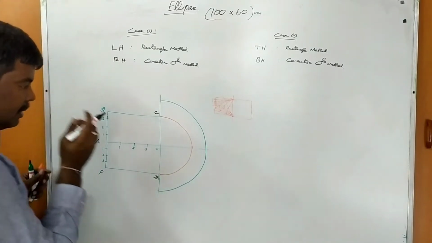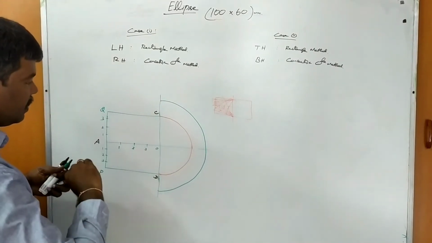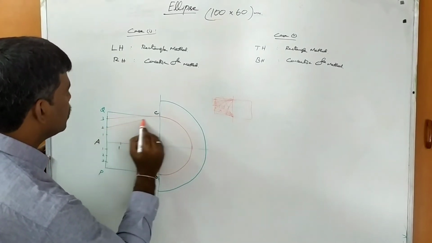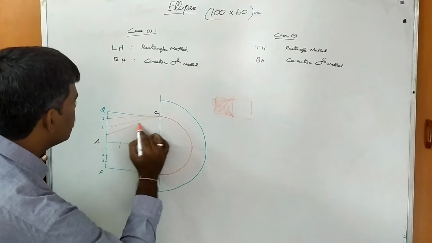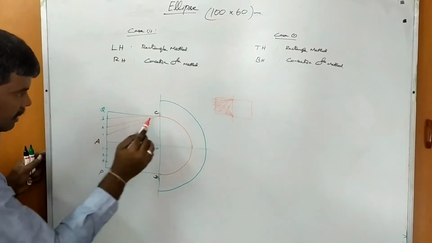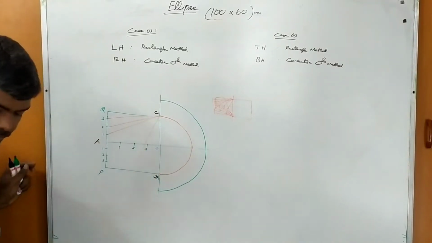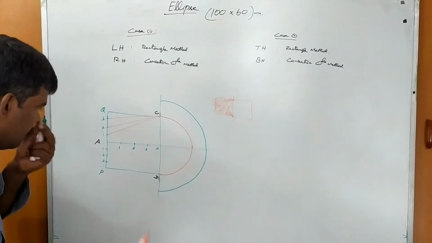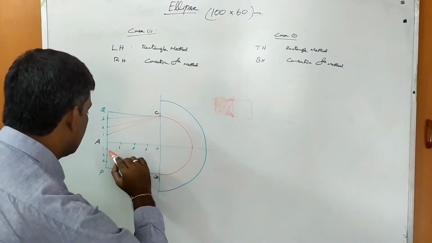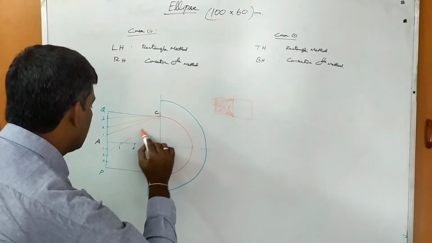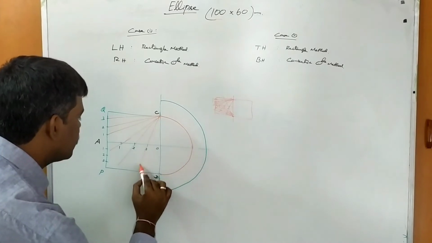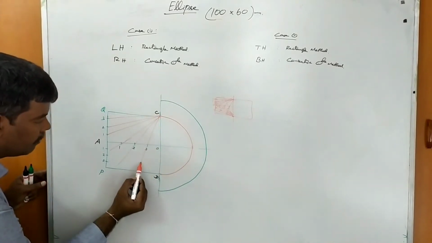Clear? So next thing, you join C3, C2, C1. Next, C1, C2, C3. Clear?